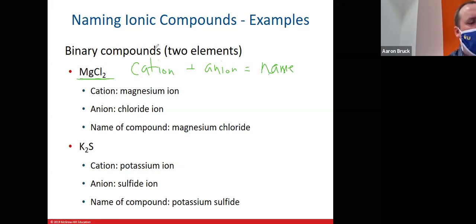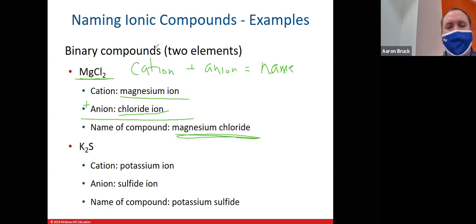So if I look at MgCl2, the name of my cation, Mg, is the magnesium ion, Cl would be the chloride ion. Put those two together, and I get magnesium chloride. All I do is smash together the two names, pick off the word ion from each of them.